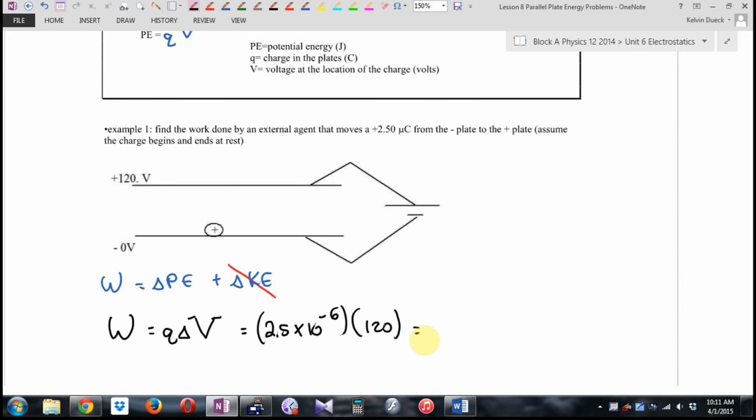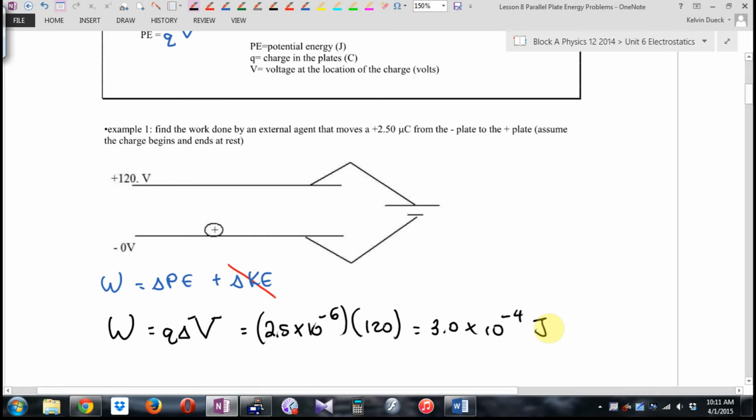And you get, can I do this in my head? Maybe. 2 times 120 is 240. Half of 120 is 60. 300. 3 times 10 to the negative 3? Negative 4. Decimal was wrong. 3.0 times 10 to the negative 4 joules.